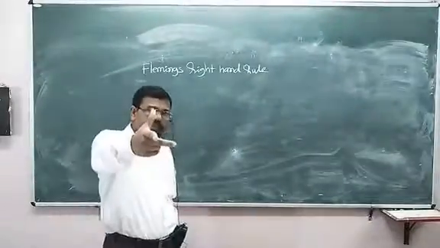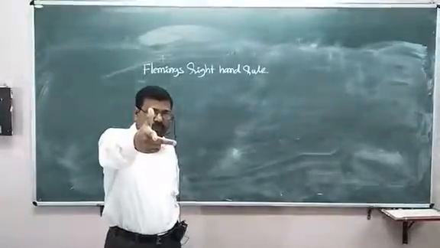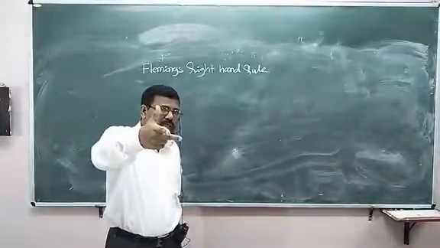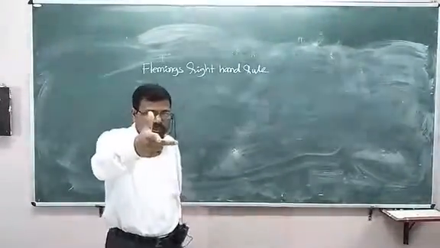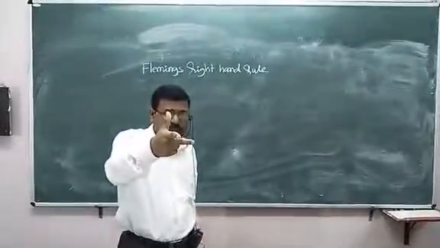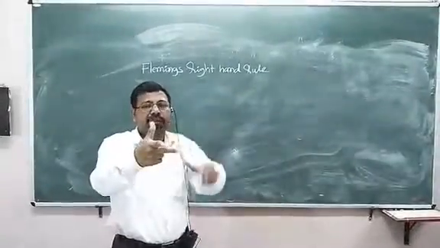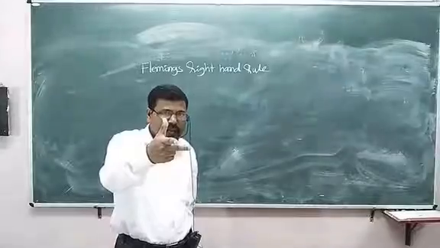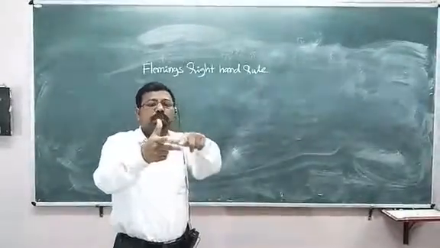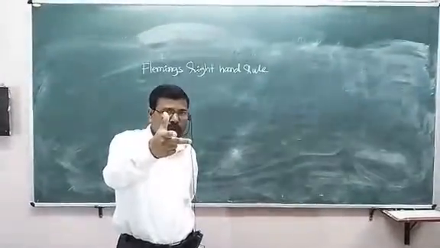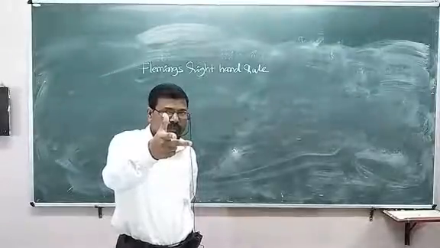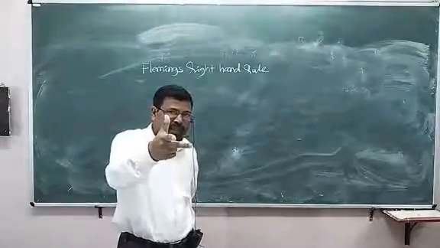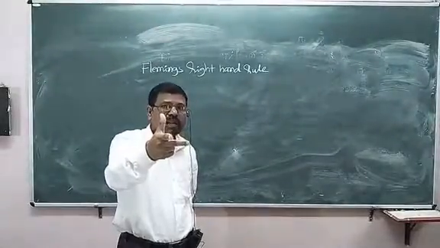What is Fleming's right-hand rule? Fleming's right-hand rule states that we stretch the first three fingers of the right hand such that all three are mutually perpendicular to each other. Hold the first three fingers at right angles to each other.